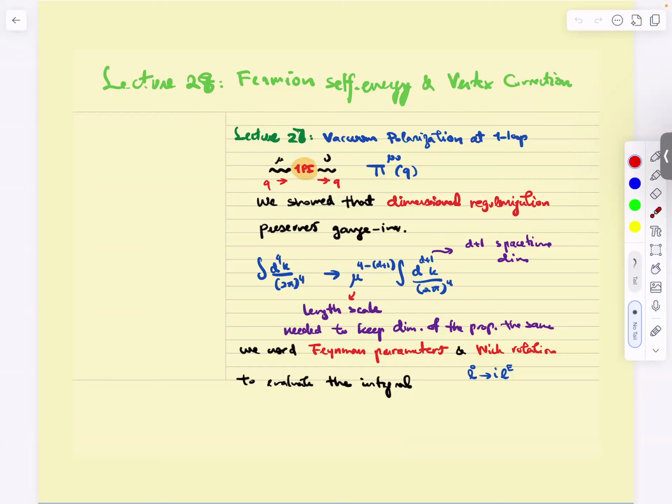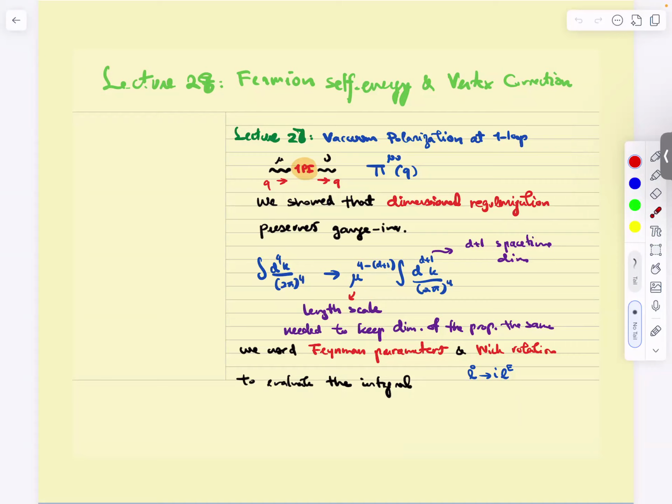So it comes at the cost of introducing a scale, that length scale mu. And that is normal. Any regularization will come with a scale, right? We talked about the idea of renormalization, or separation of scales, that the low energy physics, the physical observables of the theory, would be independent of the scale.